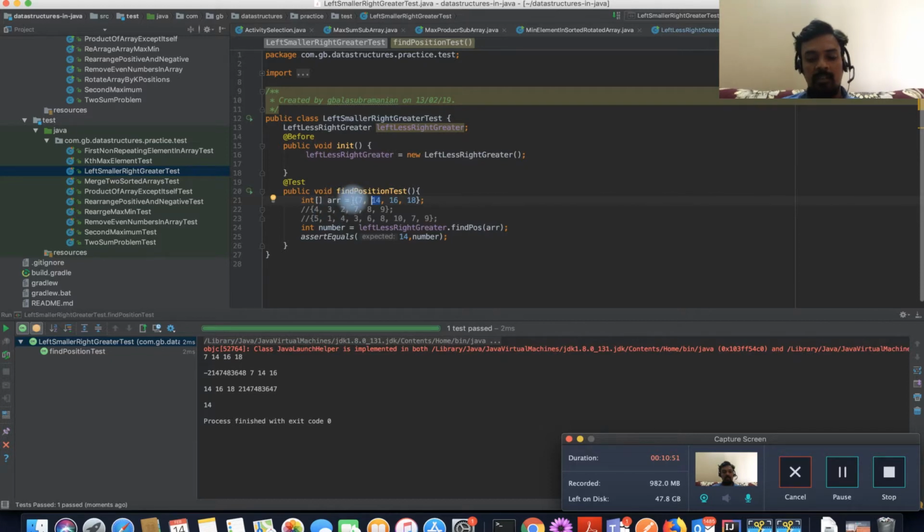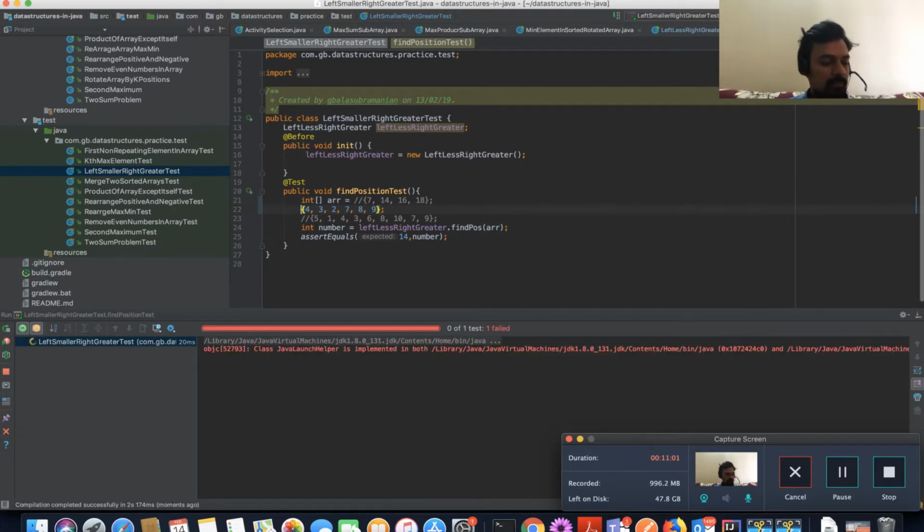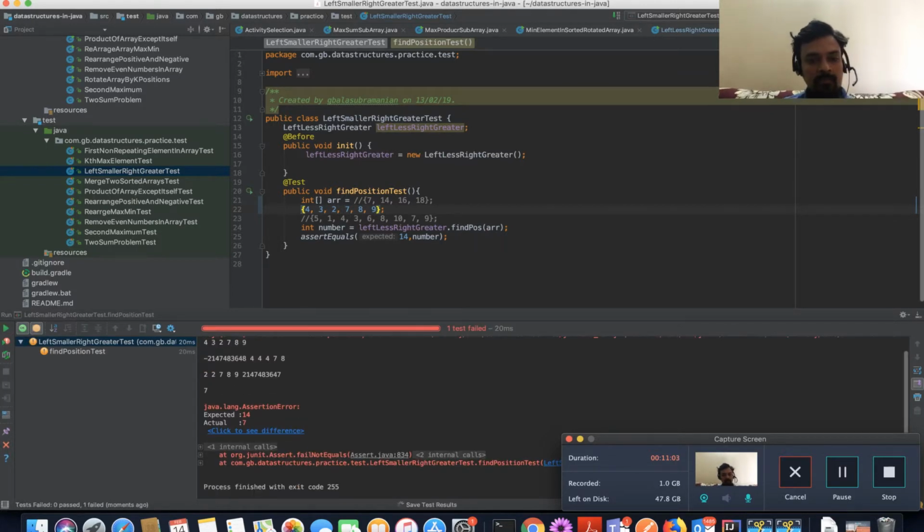So let's take a different input and run this test case. Oh, okay, so I have to change it. 7. That's what happens when you do live coding without understanding it.